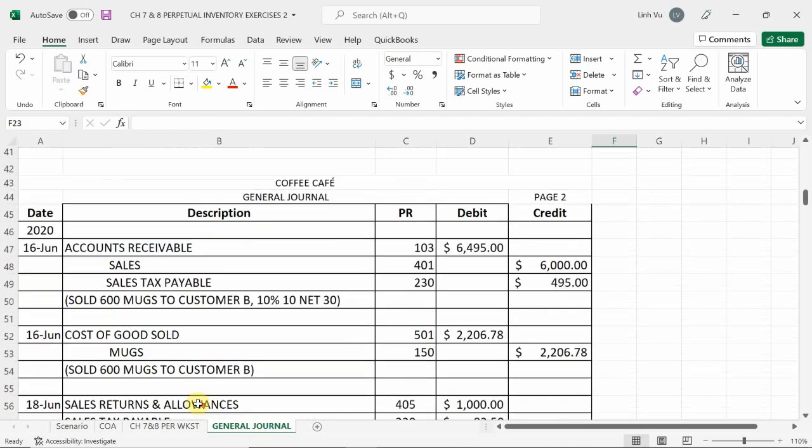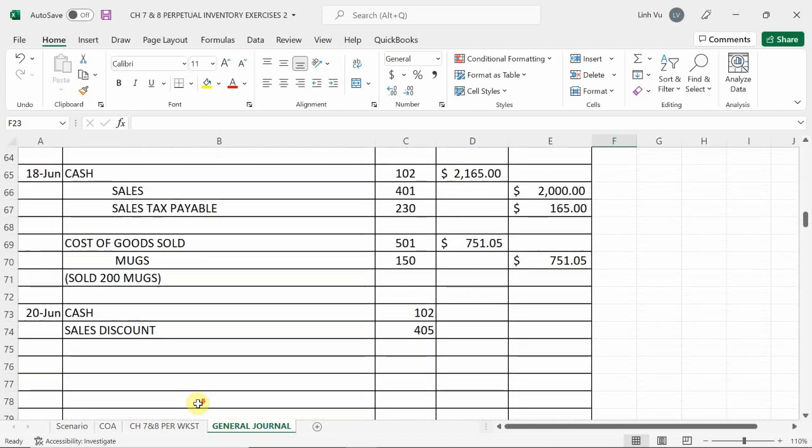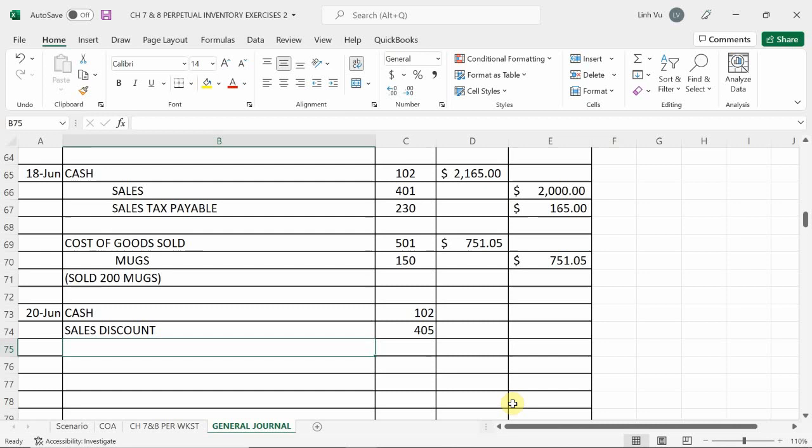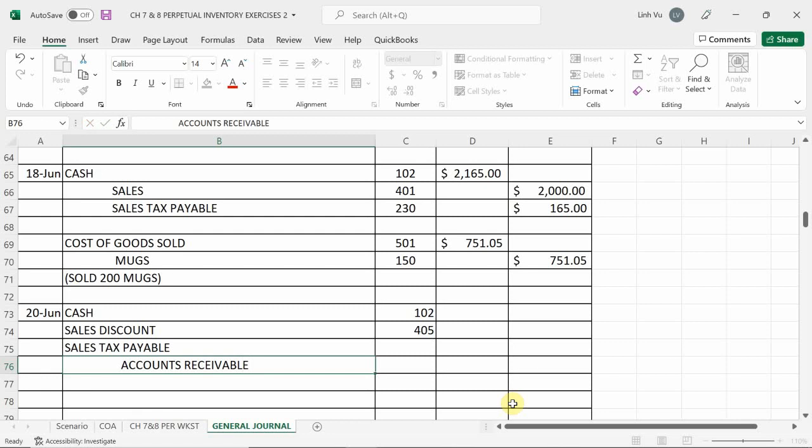So let's go ahead and plug our numbers in. We know that we have to give a discount. We know that there's an amount of tax that we have to charge back. And we also know that we're reducing the amount that she owes, right?